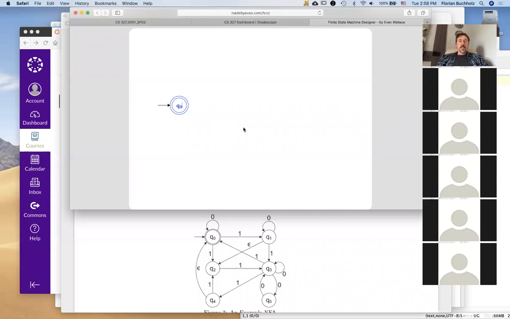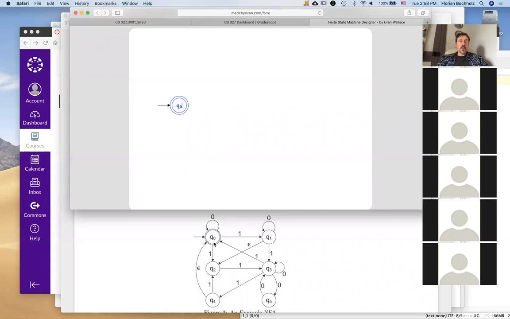Okay, awesome. So on 0 from Q2, where can I end up? What if a start state has multiple epsilon transitions? Then all of those states that can be reachable through epsilon transitions must be combined. So if there were an epsilon transition here and here, let's pretend these weren't ones, but epsilons, then the start state would be Q0, Q1, Q2.